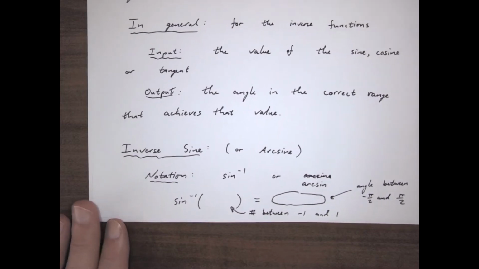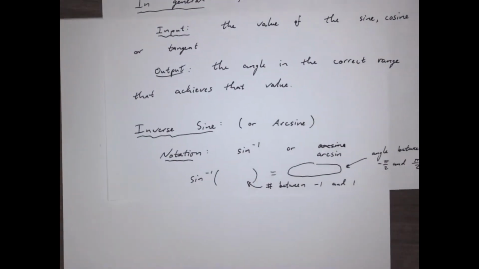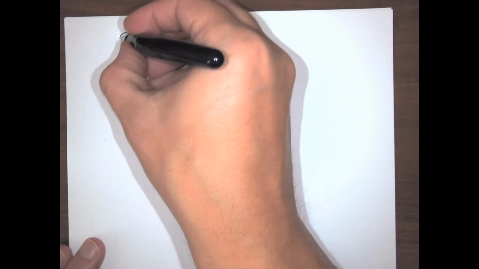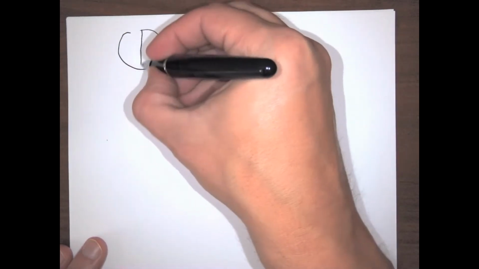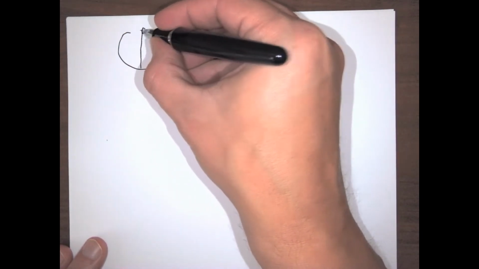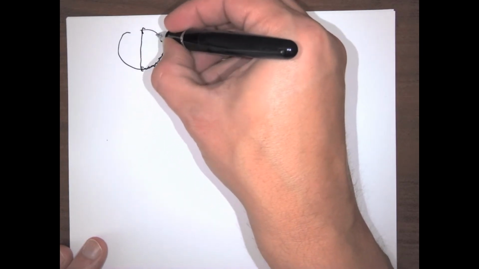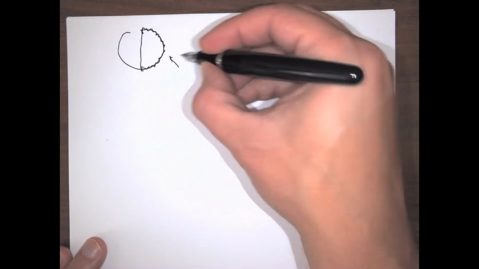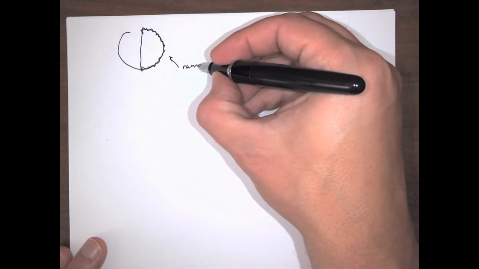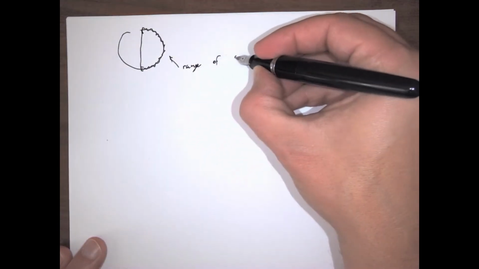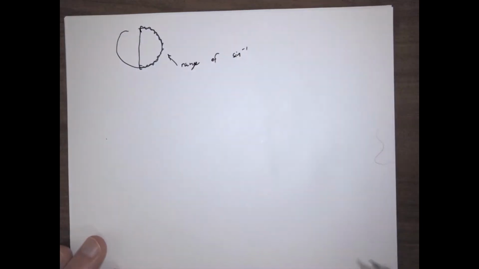And for sine, the angle that you're talking about is between -pi/2 and pi/2. So that represents the right side of the unit circle. So this represents the range of sine inverse.